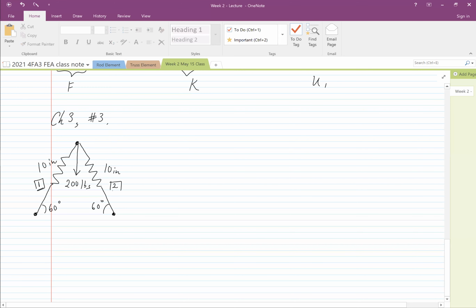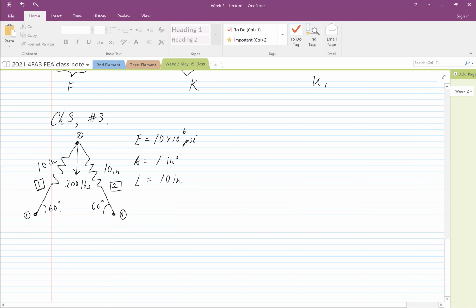Let's name them. Okay, I have 2 spring elements attached together at an angle of 60 degrees.